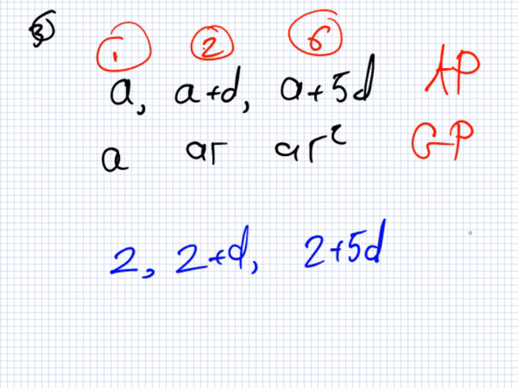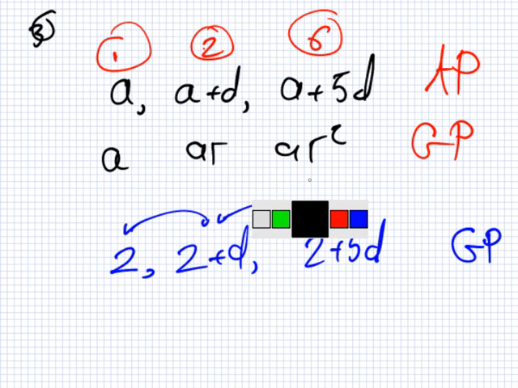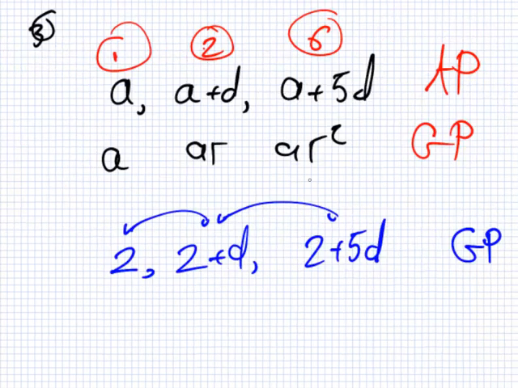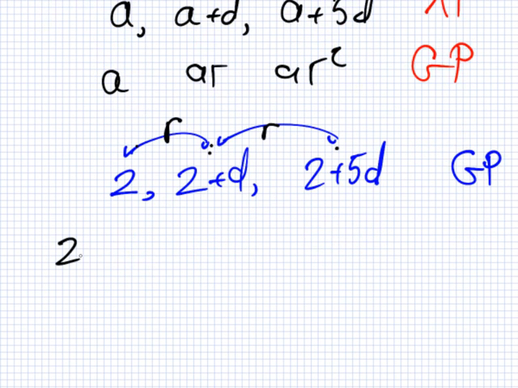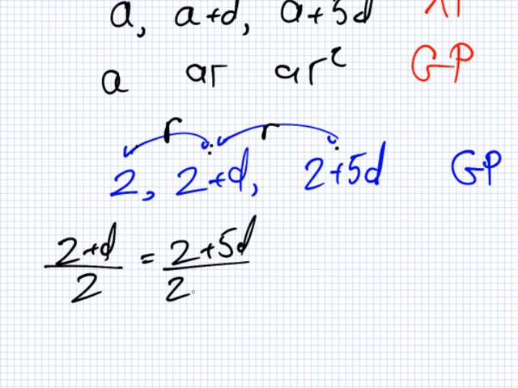Now, if these are geometric, what can I know about their relationship? If you divide the second by the first, you get r. And if you divide the third by the second, you also get r. So that means (2 plus d) over 2 should equal (2 plus 5d) over (2 plus d).